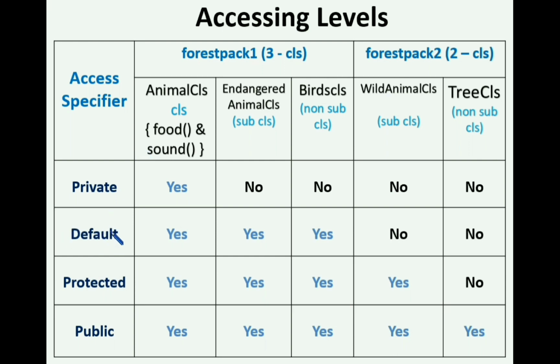By default, it will be considered as package friendly or package private. That means these methods are private within a particular package. In the same package we can access, but outside the package we can't access. That is the reason by default the access specifier is package or friendly or package private in Java.